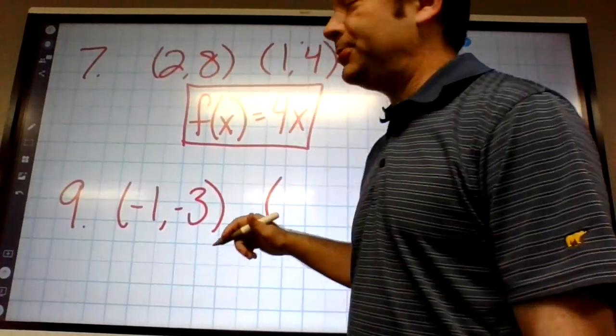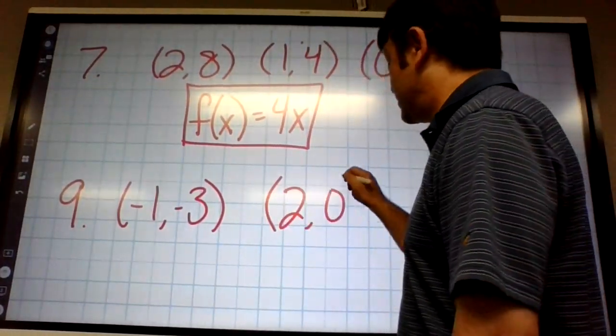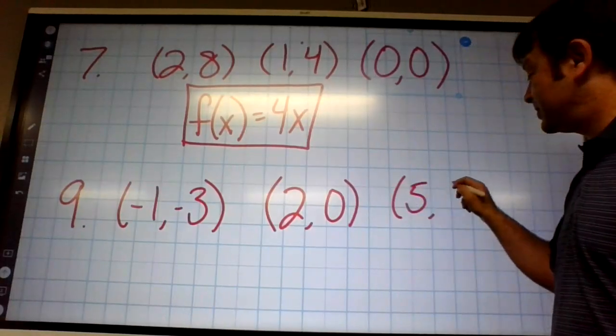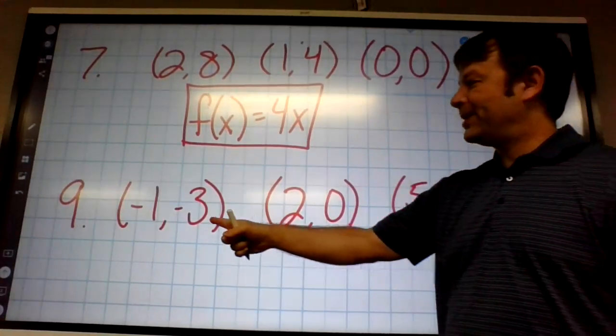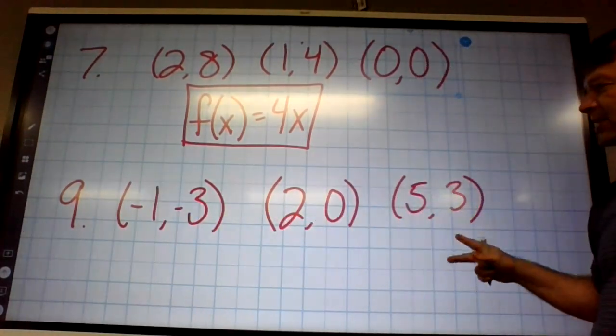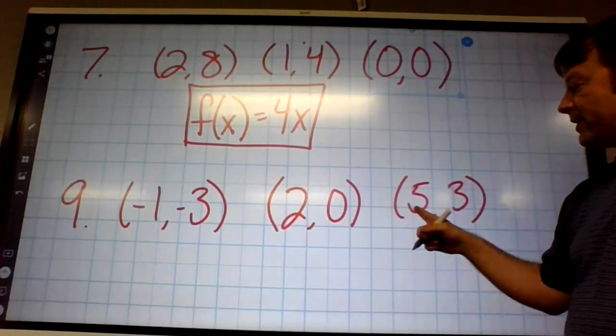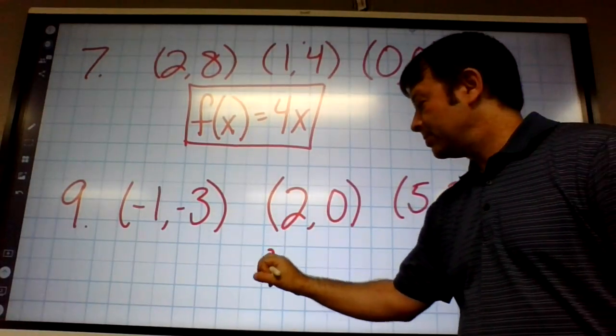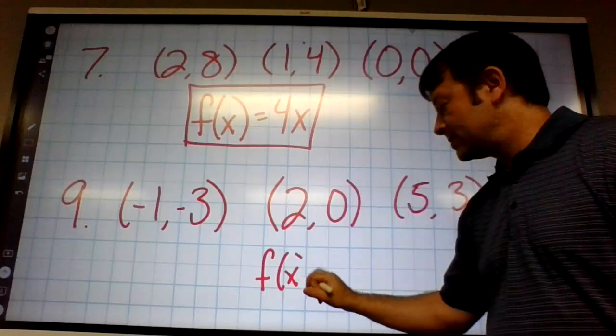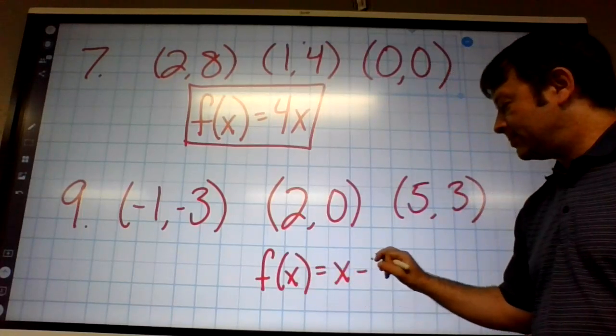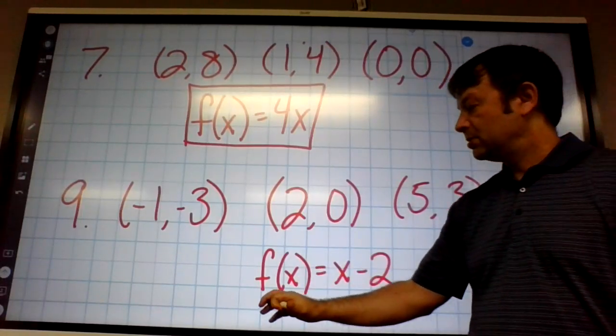So like 2, 0 and 5, 3, it's probably easier to figure out the pattern from these two. But do you see the pattern on number 9? 2 minus 2 is 0. 5 minus 2 is 3. So what is happening to the x is it's being subtracted by 2.